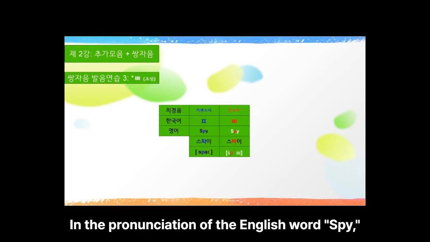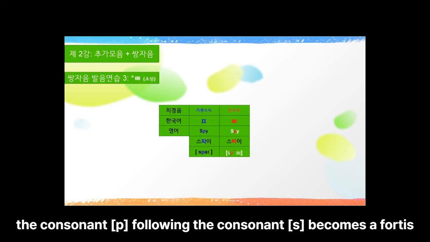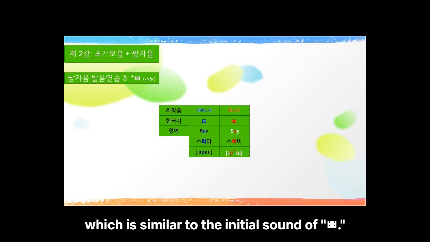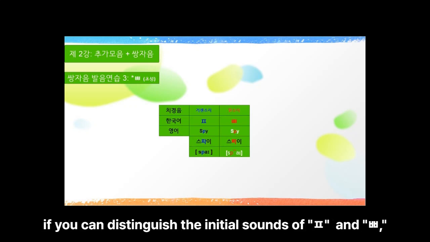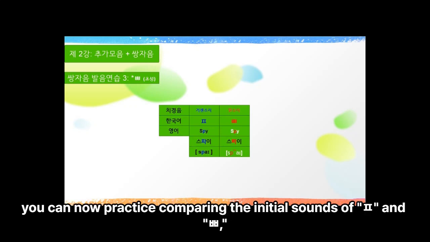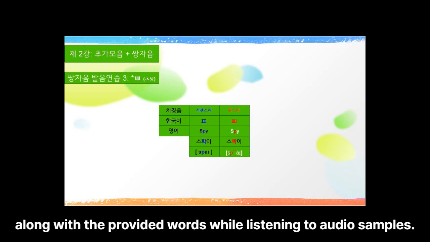In the pronunciation of the English word spy, the consonant p following the consonant s becomes a fortis, which is similar to the initial sound of ssangbieup. By utilizing the pronunciation of the English word spy, if you can distinguish the initial sounds of pieup and ssangbieup, you can now practice comparing the initial sounds of pieup and ssangbieup along with the provided words while listening to audio samples.